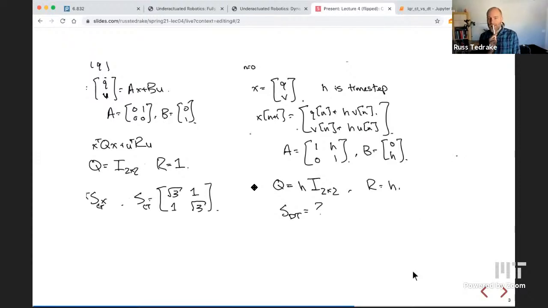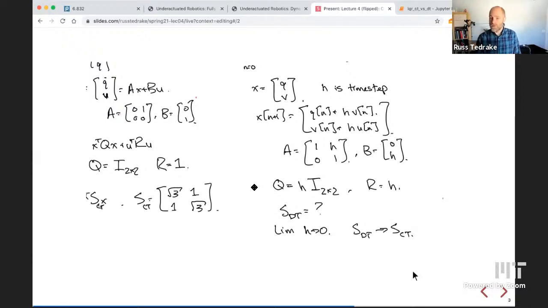And this is one of the key ideas that I want, that there is a fundamental difference, and we're going to see it in these equations. Well, one thing we'd like to be true, which is true, is that if I take the limit as h goes to 0 from above, then S_dt should go to S_ct.